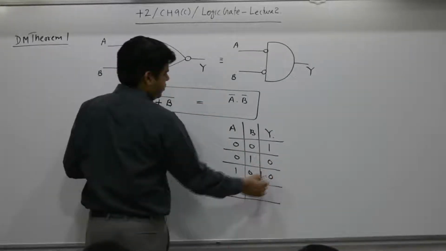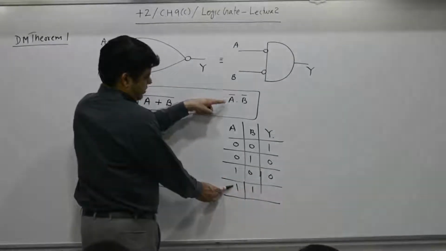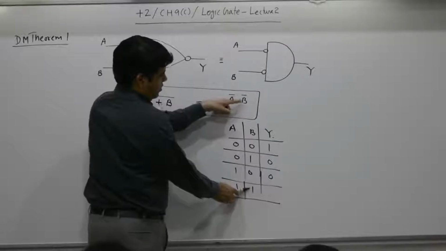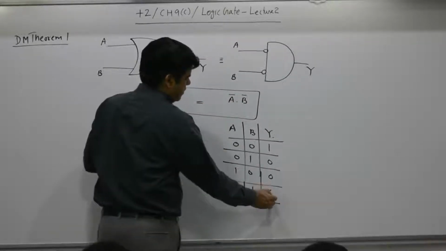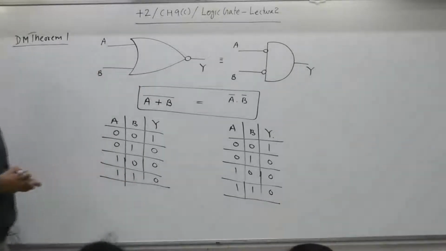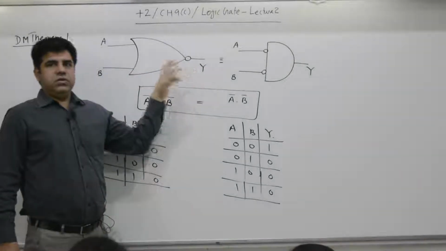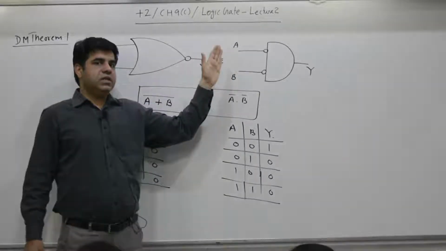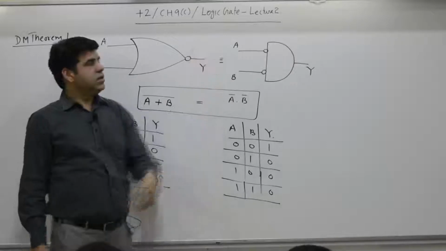Similarly, this is also 0. What about this one? Complement of 1 is 0, 1's complement is 0, so it is 0. This is also 0. 0 ANDed with 0 is 0. So it is the same. An OR gate with a 0 in front is equal to an AND gate with 2 zeros at the back. Theorem 2.